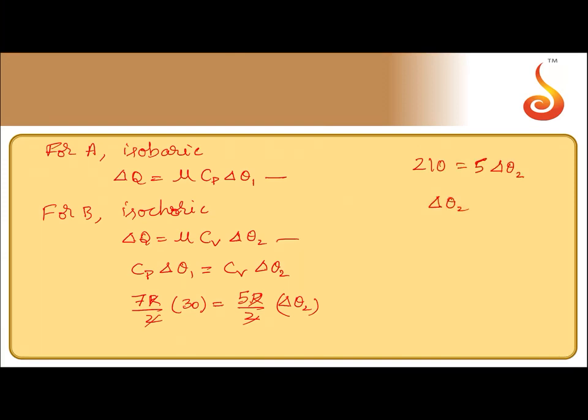So delta theta 2 is equal to 42 Kelvin. Since it is a rise in temperature, it can be 42 Kelvin or 42 degree Celsius, both are one and the same. So that is option D. With that we'll move on to the next one.